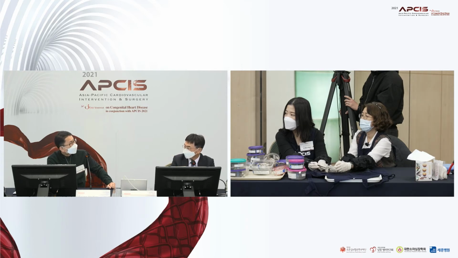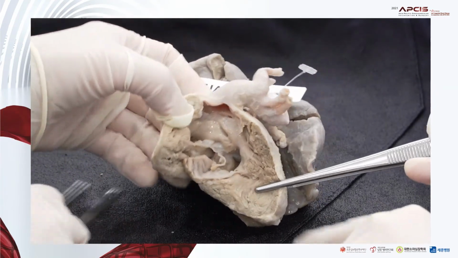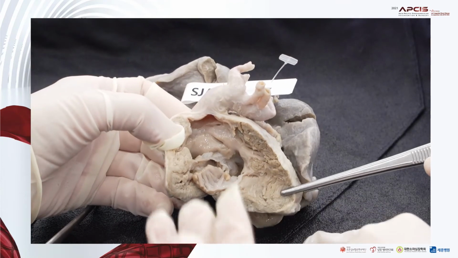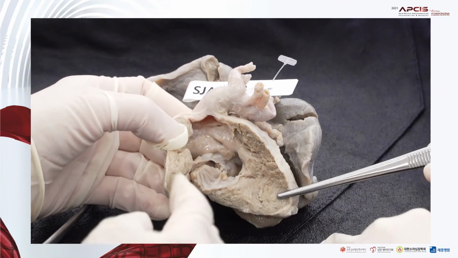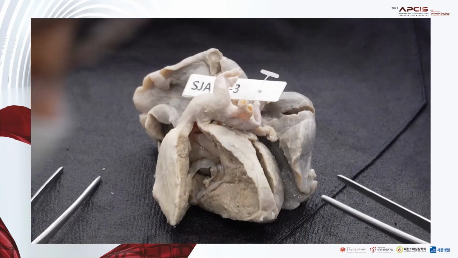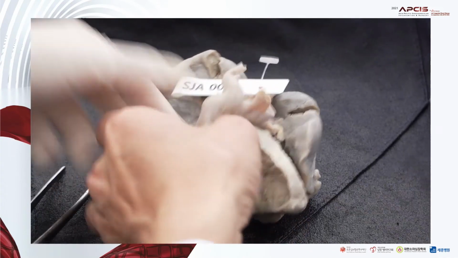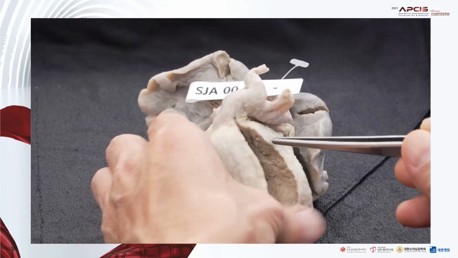Can you see the specimen? Where can you make the incision on the right ventricle for the conduit? Maybe you can explain it yourself, it'd be much easier. Maybe here?